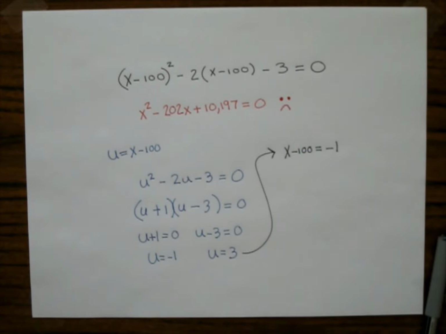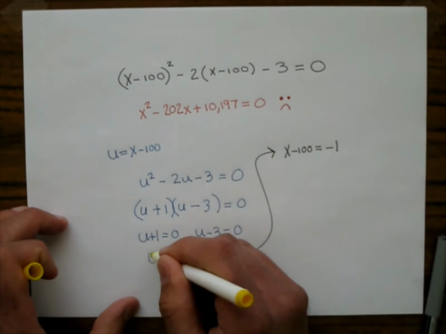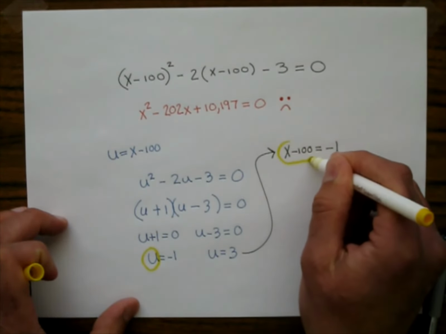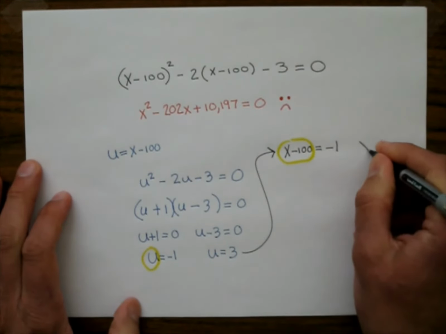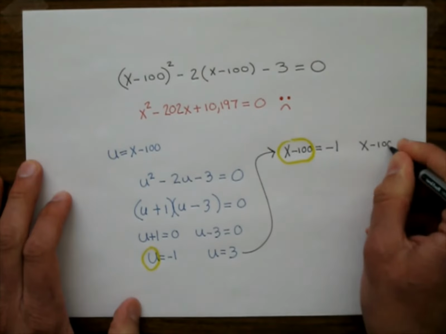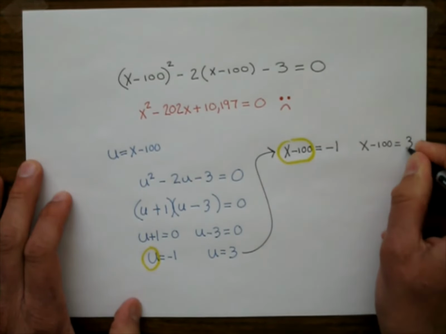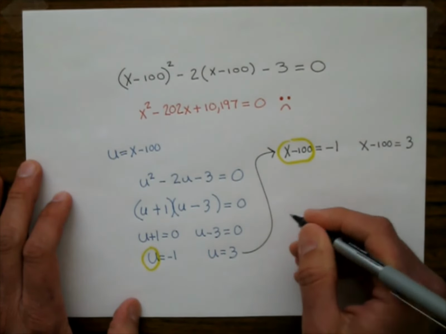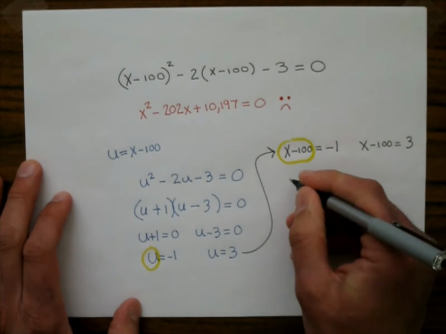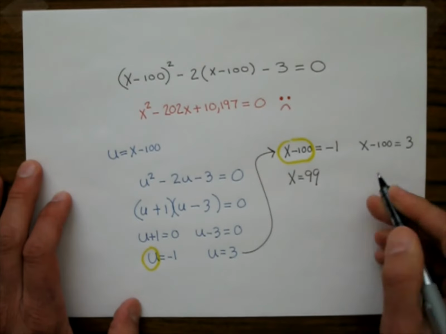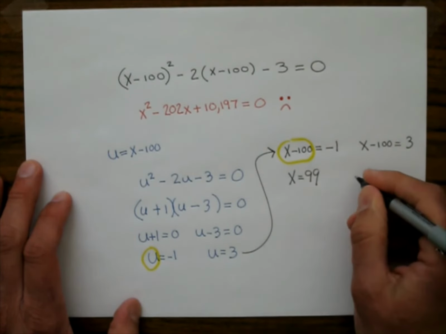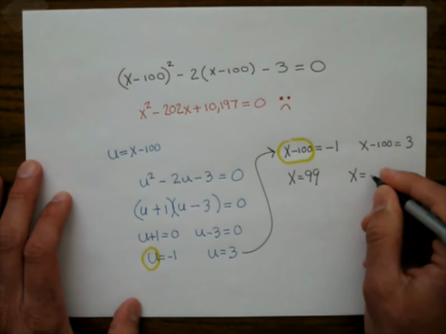So what I did is I replaced this with that right there. And the other one becomes x minus 100 equals 3. So the first one gives me, I add 100 to both sides, I get x equals 99. And the second one, I add 100 to both sides, I get x equals 103.